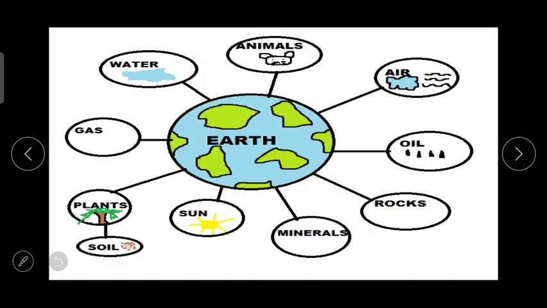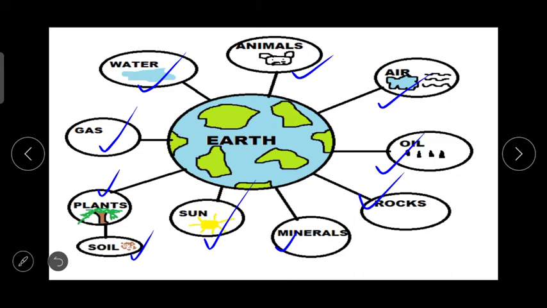Now here on the screen you can see the earth. So we see many things on the earth, a number of things, including animals, air, oil, rocks, minerals, sun, soil, plants, gas, water.